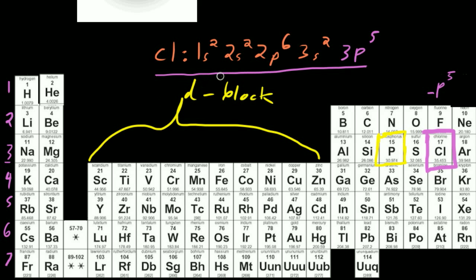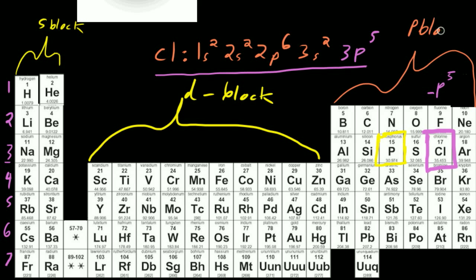Hi and welcome back. Over the past few videos we have been covering the electron configurations for elements in the S block, and then we figured out some configurations for elements over here in what we called the P block.